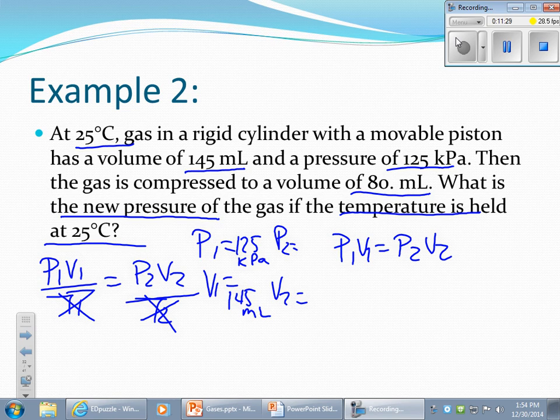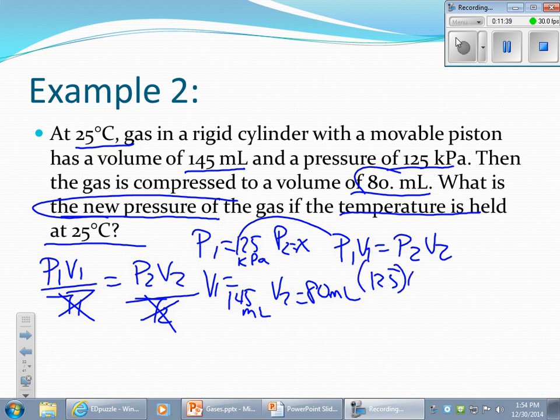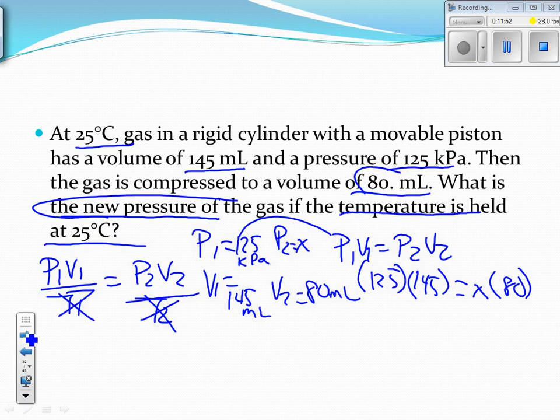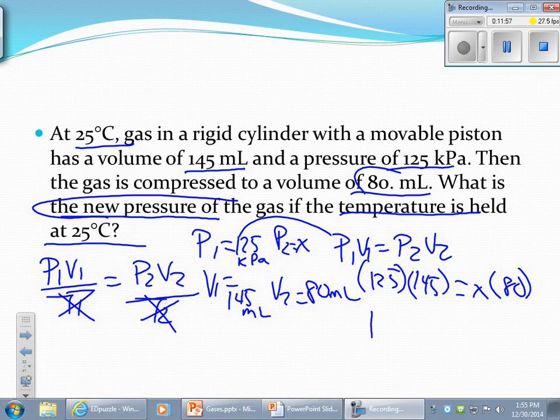They want to know the new pressure, X. So plug everything in: 125 times 145 equals X times 80. Then you just solve for X by cross multiplying, and P2 should end up being around 226.5 kilopascals.